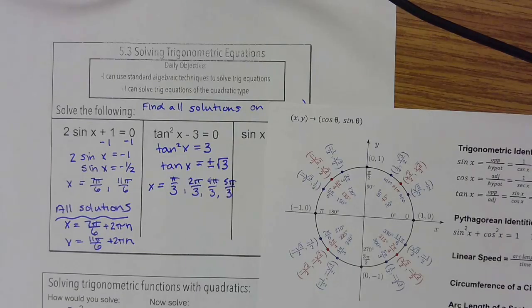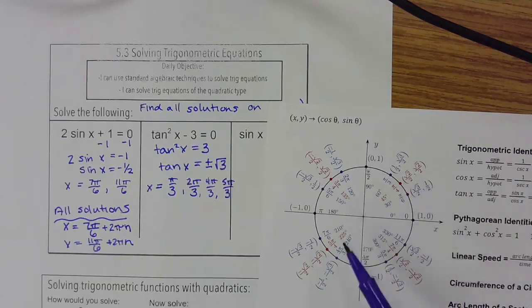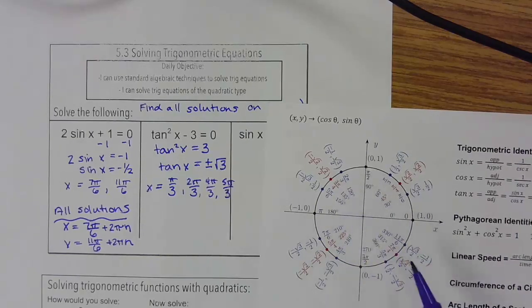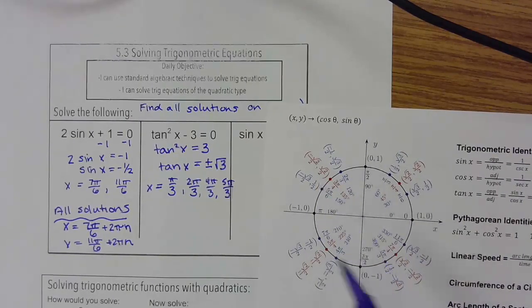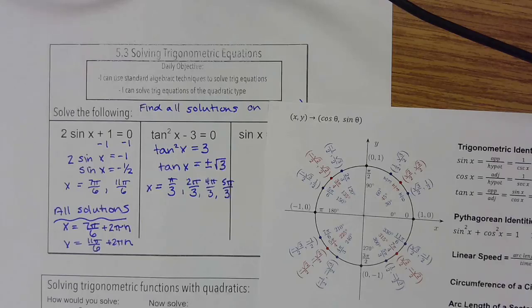Again, because they're positive and negative. If it were just the positives, I would be in the first quadrant and the third quadrant. If it were the negatives, I'd be only in the second and fourth quadrant, but it asks for both.